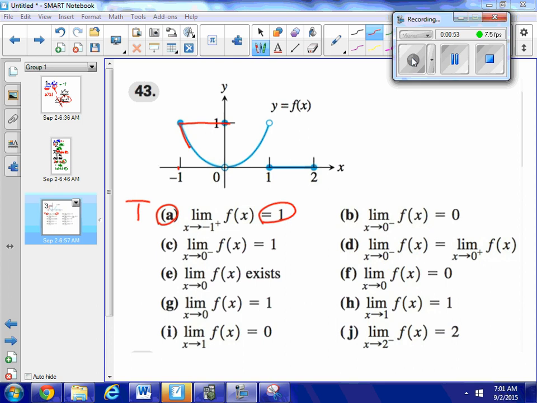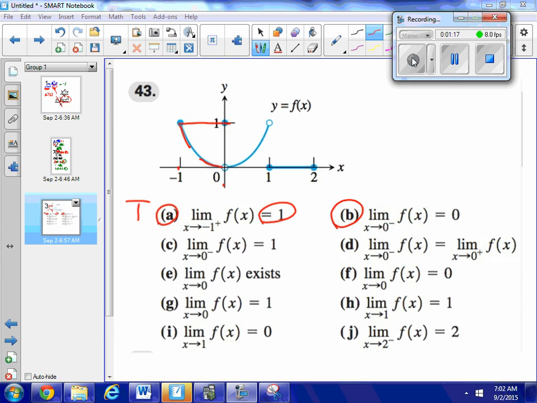Let's look at B. This is saying, as x is approaching 0 from the negative side, is my limit 0? So here's x equals 0, and I'm approaching it from the negative side, coming at it this way, getting really, really close to x equals 0, but not including x equals 0.